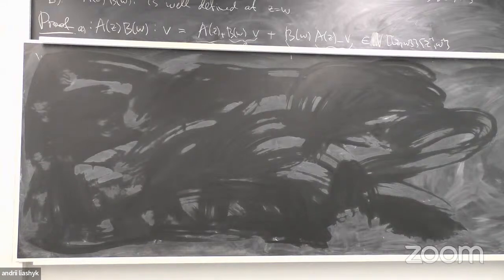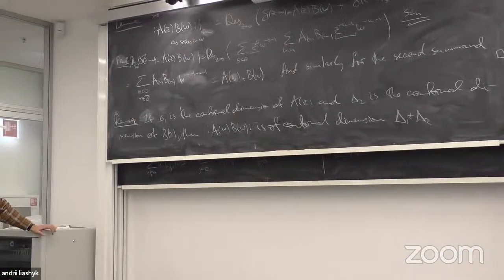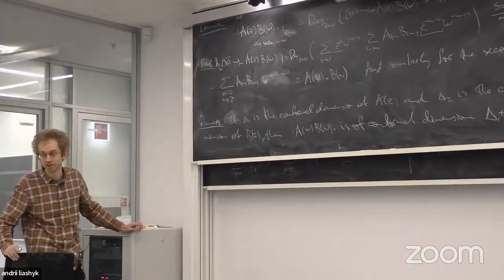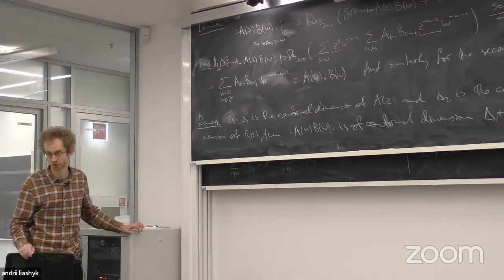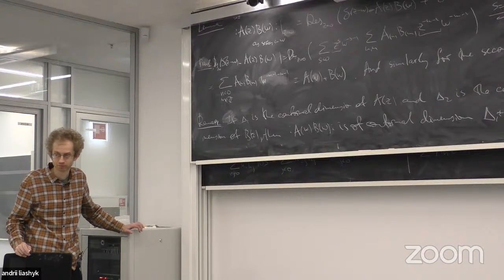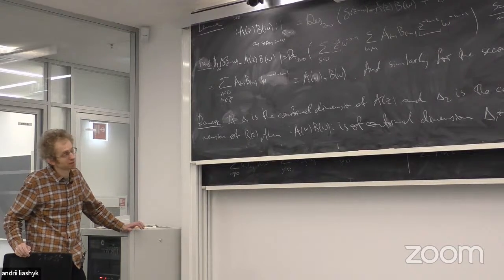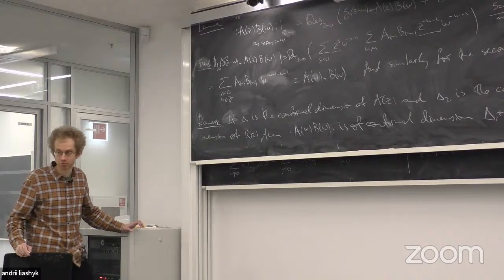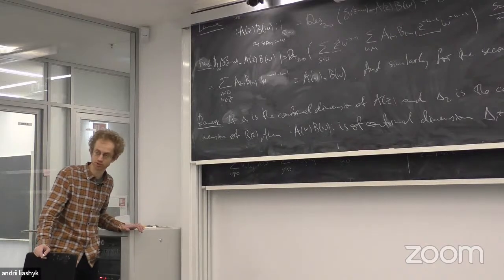Yes. So I mean the residue is an integral of the product over the circle. Yeah, you can put it like that. Algebraically, this is the most clean way to formulate it, but of course you can use the integral.